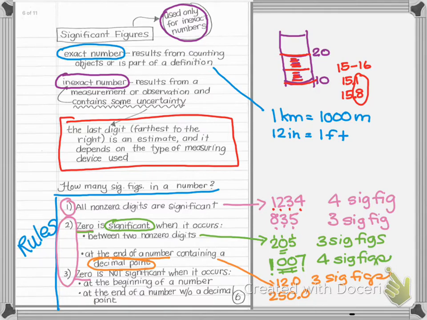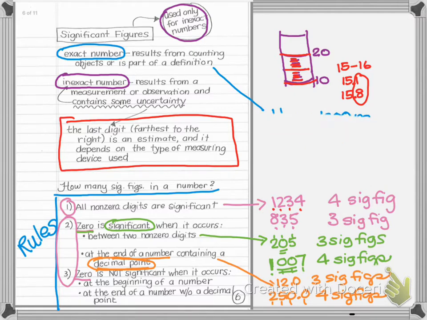Here's my decimal point written, which was what I mentioned was an important part. And I have these 2 zeros, and they both are going to count because they come after a non-zero digit. So I'd have 1, 2, 3, 4. So I wanted to give that example because even if the 0 comes before the decimal, if it's at the end or after non-zero digits, if there's non-zero digits in front of it, then you're still going to count it as long as you have that decimal place written.